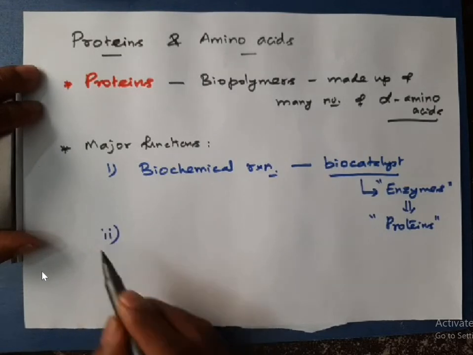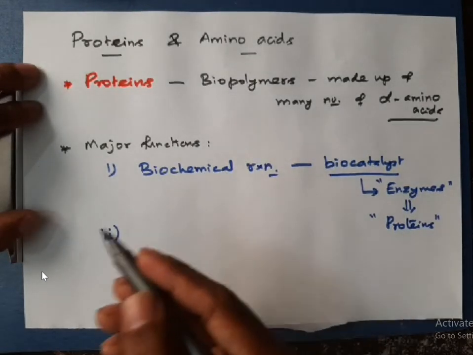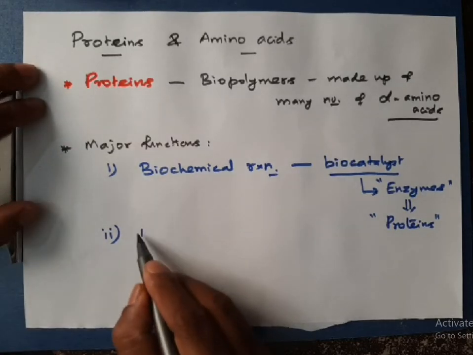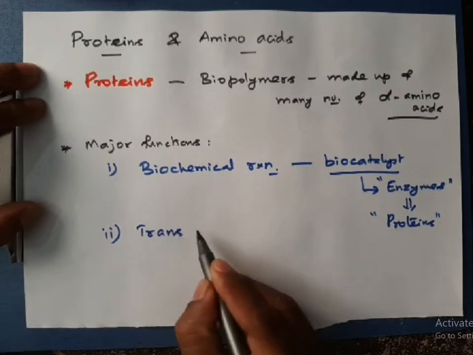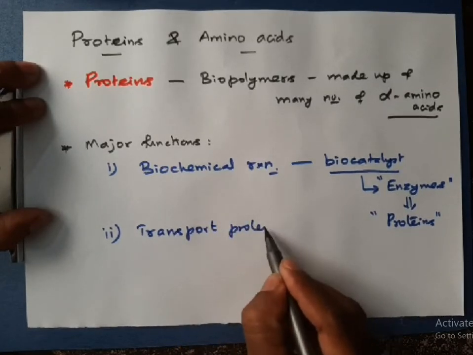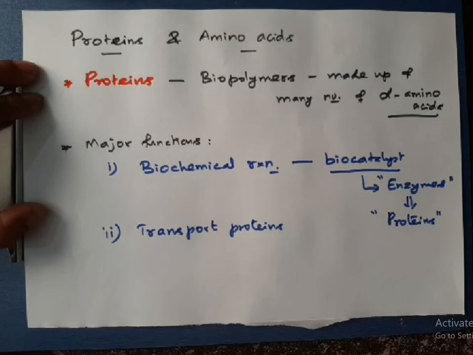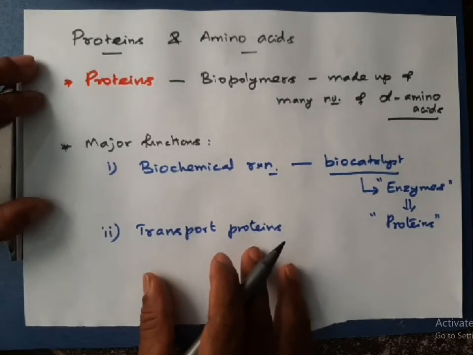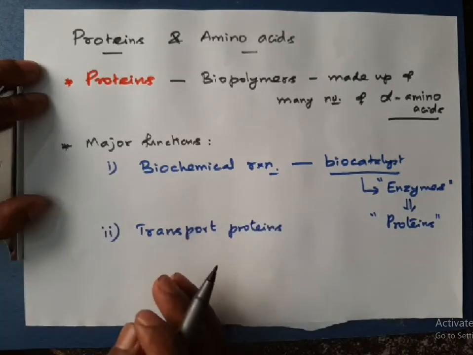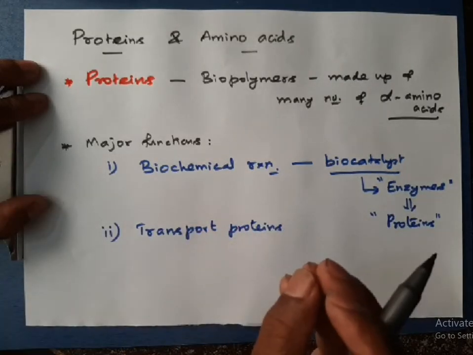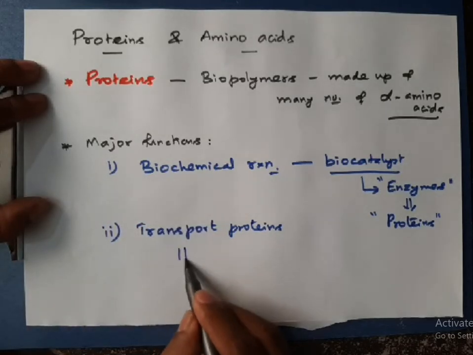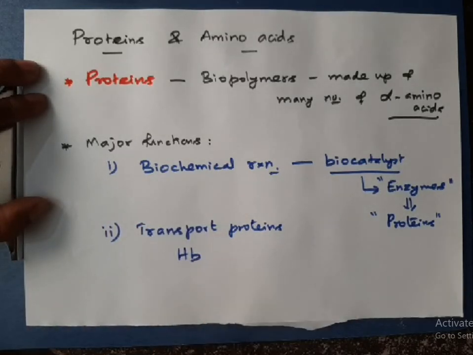Number 2, proteins also serve as transporters. We can call them transport proteins. What are transport proteins? Certain proteins present in the animal body transport some molecules from one place to another. For example, hemoglobin, let me represent it simply as Hb.